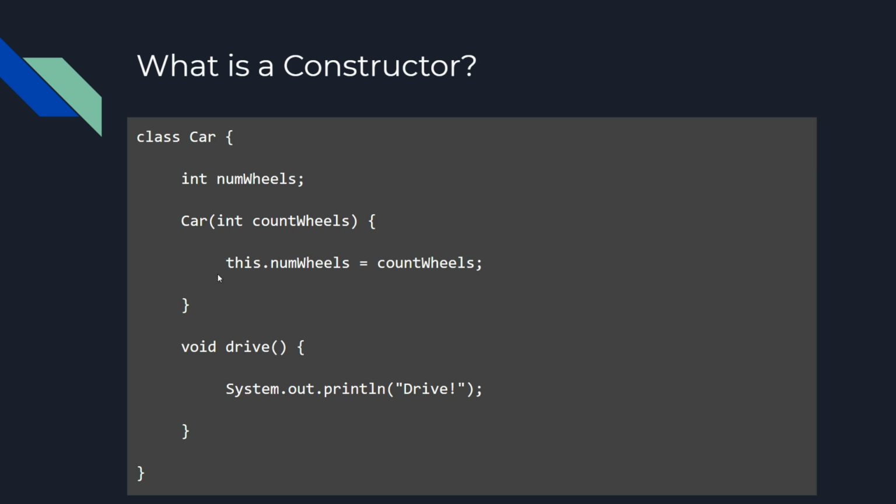This is a special word in Java that basically means the current object, the newly constructed object that we're building now. To access a variable on the object, we use this dot and then the name of the property, and we set it to whatever the value of count wheels is.